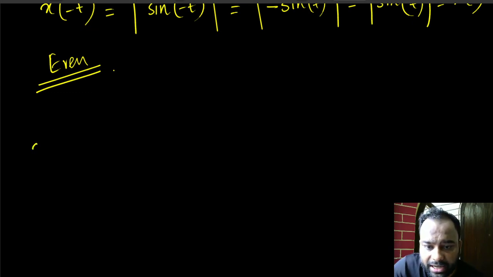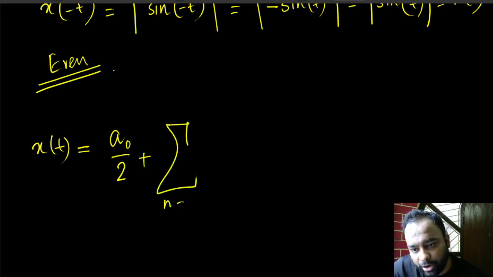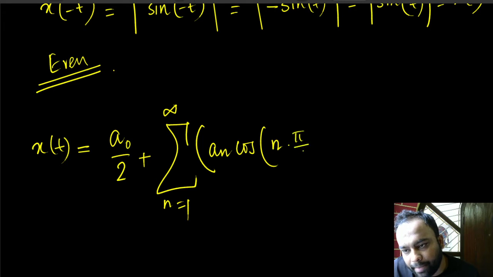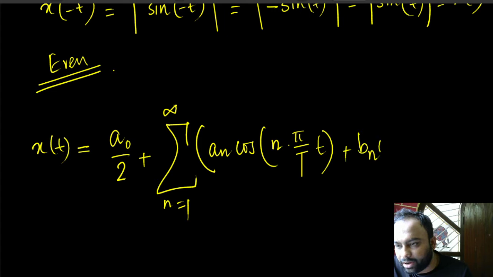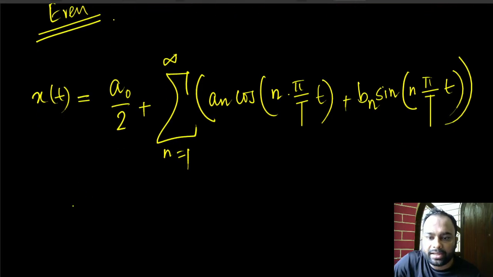So this signal is going to be expressed as a0 by 2 plus summation n equal to 1 to infinity of an cos n pi by T into t, and like that.